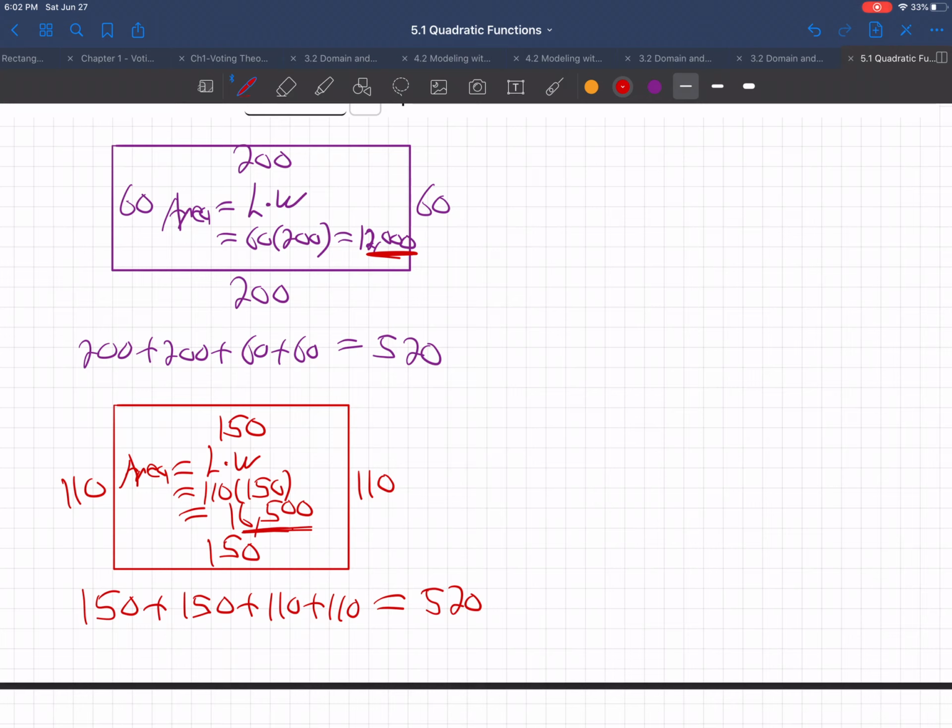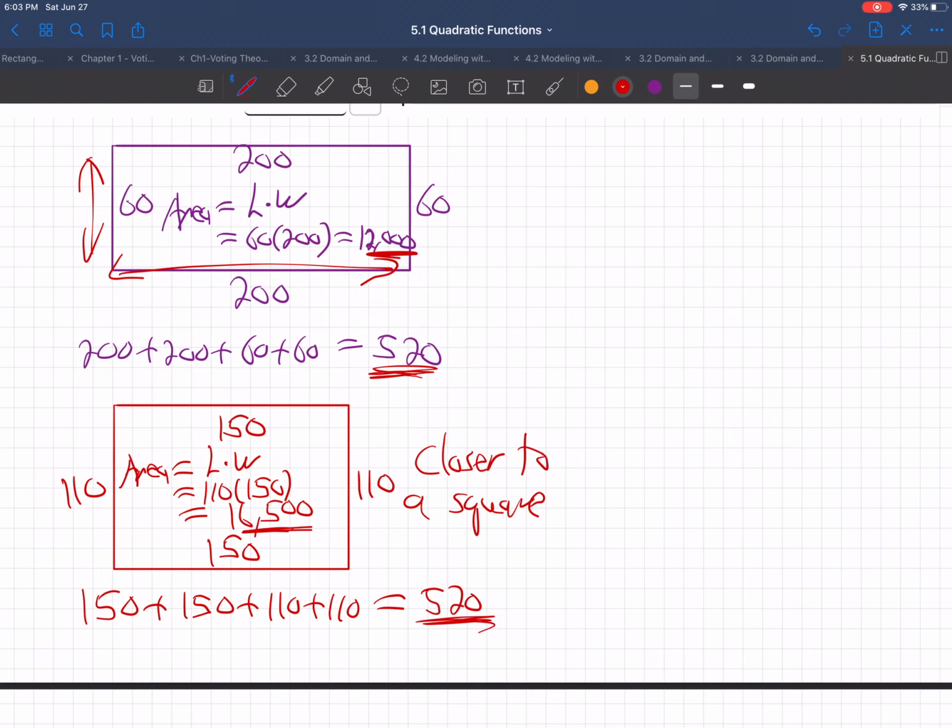So notice that both these rectangles use the same total 520 feet of rope. One of them is wider and more narrow, and the other is more squarish. This is closer to a square, isn't it? Not quite.